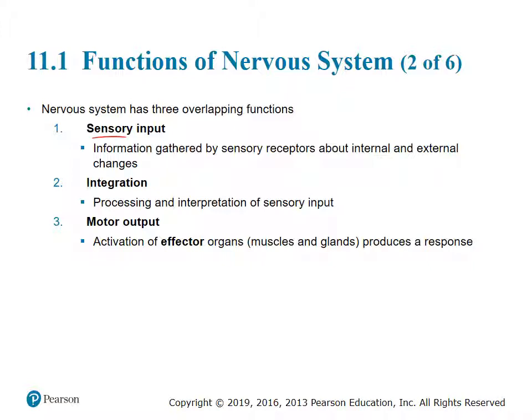The nervous system really has three main sections, or responsibilities. The nervous system can act as a sensory side. There are parts of the nervous system that are responsible for sensation, sensing things from the body.